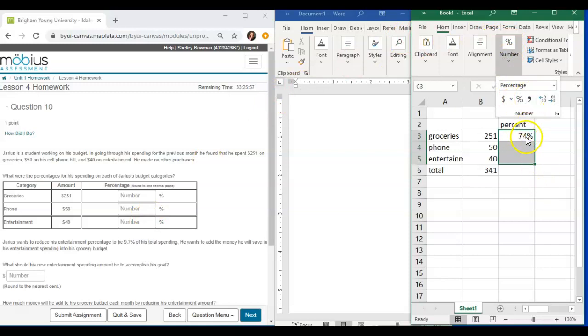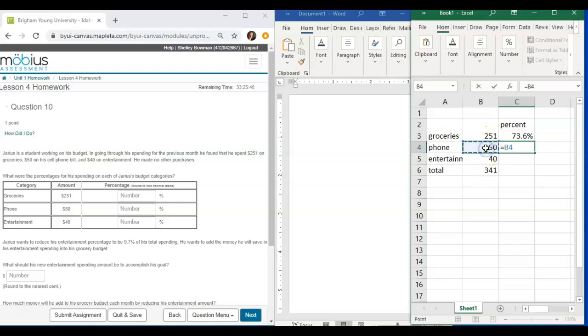Now you'll see that it didn't go out very far, and it says to round to one decimal place. So I'm going to add a decimal place here in my viewing. For the phone, we'll do again equals 50 divided by the total, and again for the entertainment, equals one left click, divide, one left click, and press enter.